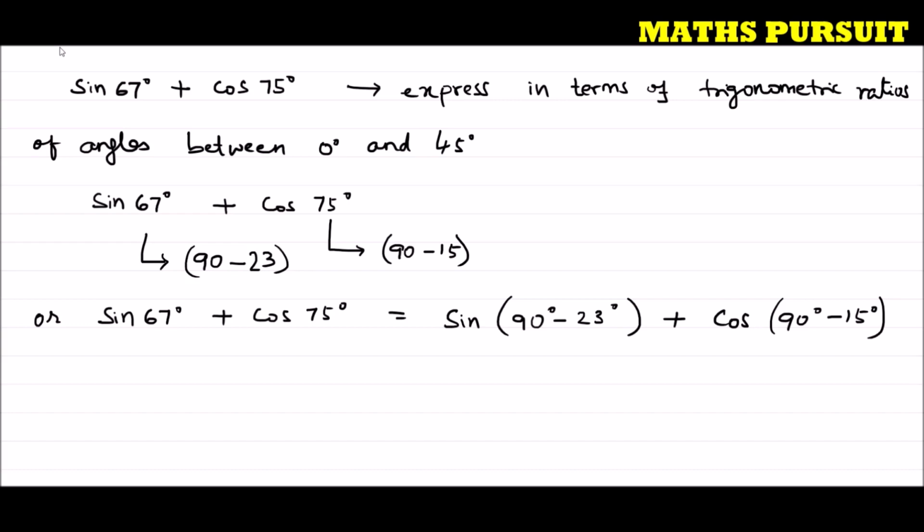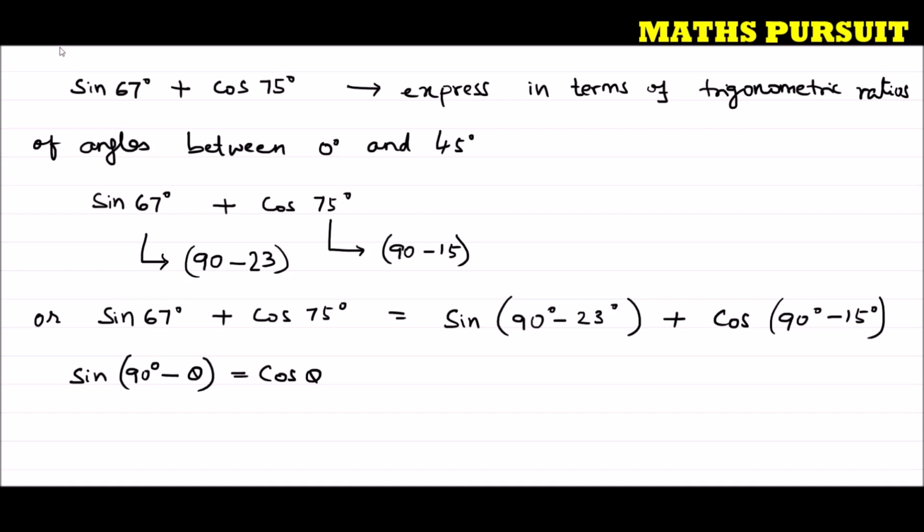Now guys, we very well know the trigonometric identity that sine of 90 degree minus theta is equal to cos theta.